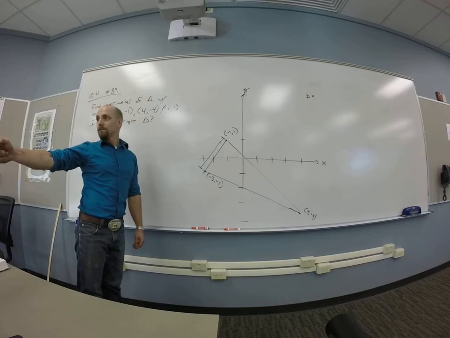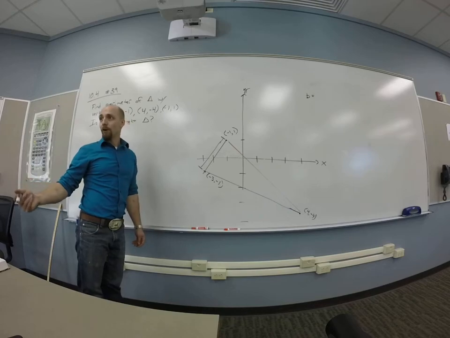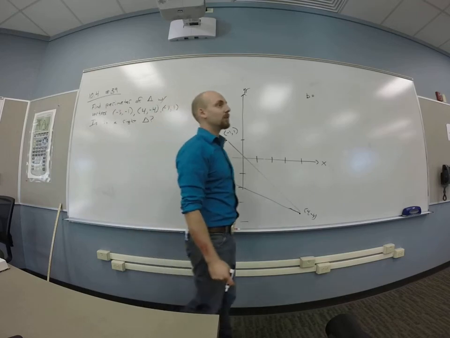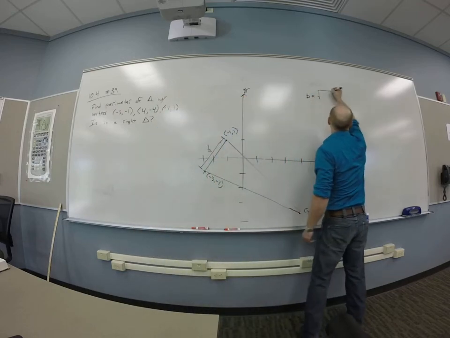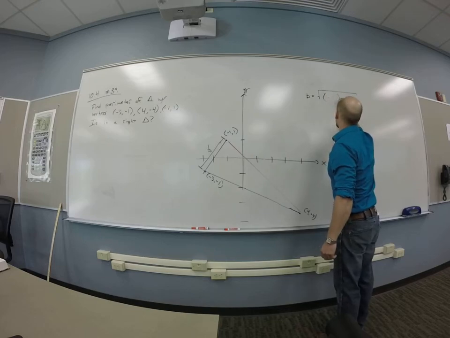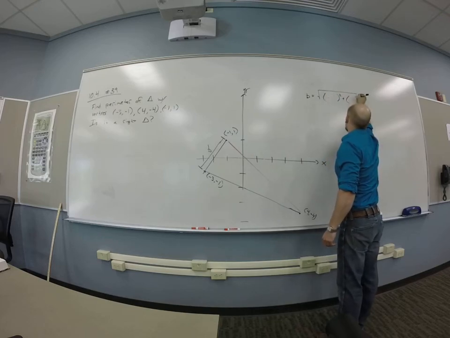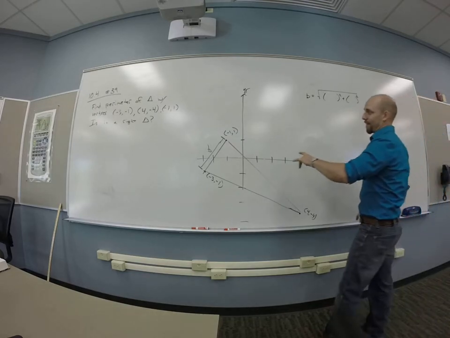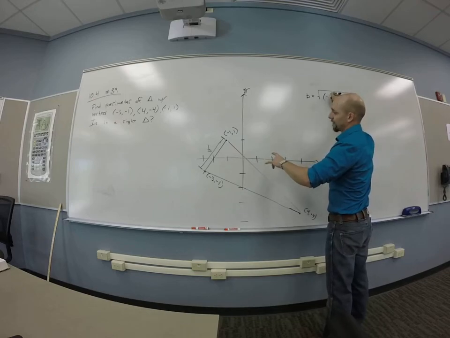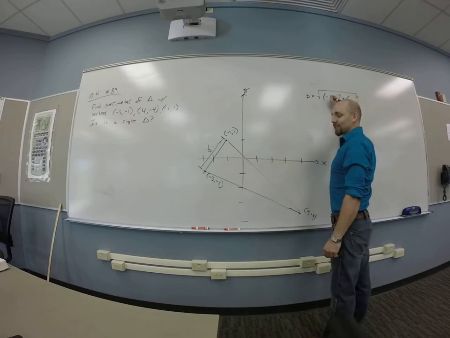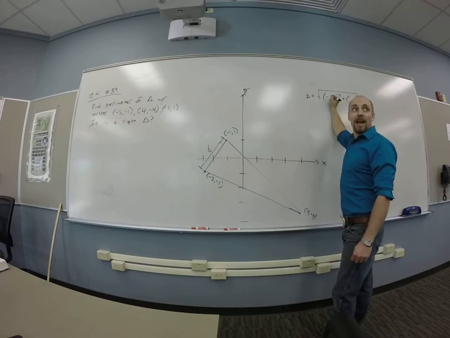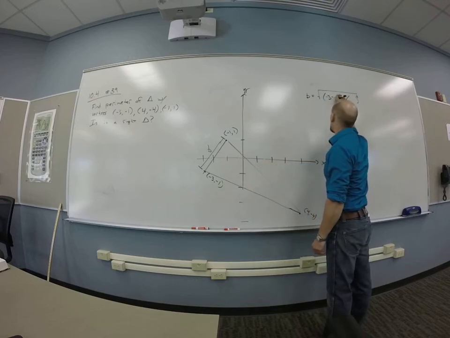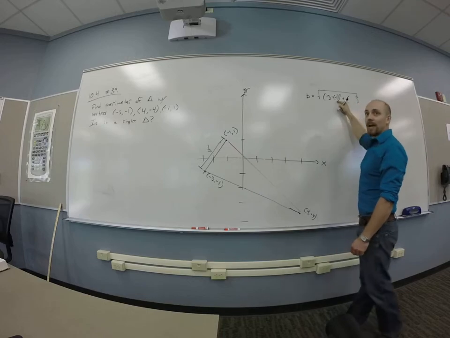I should use the distance formula, right? So the distance formula tells me about the length of side B. So B is the square root of what? (-3 minus -1) squared plus (-1 minus 1) squared. So we're doing the difference in the x's, right? So the x's are -3 minus -1, the difference in the x's.